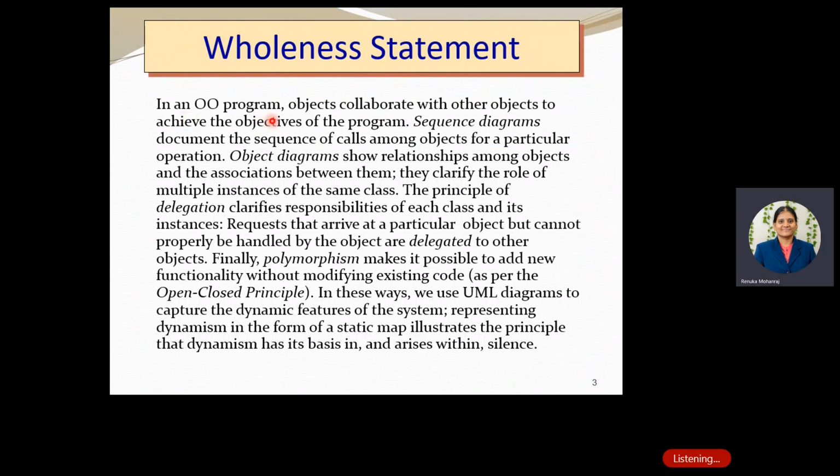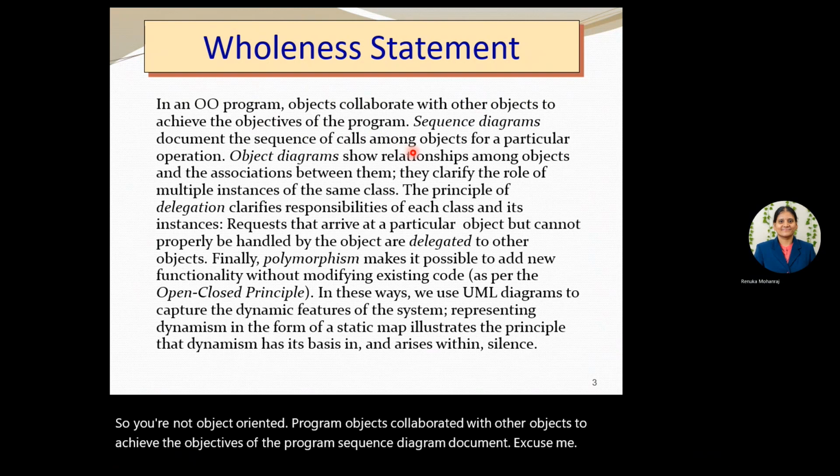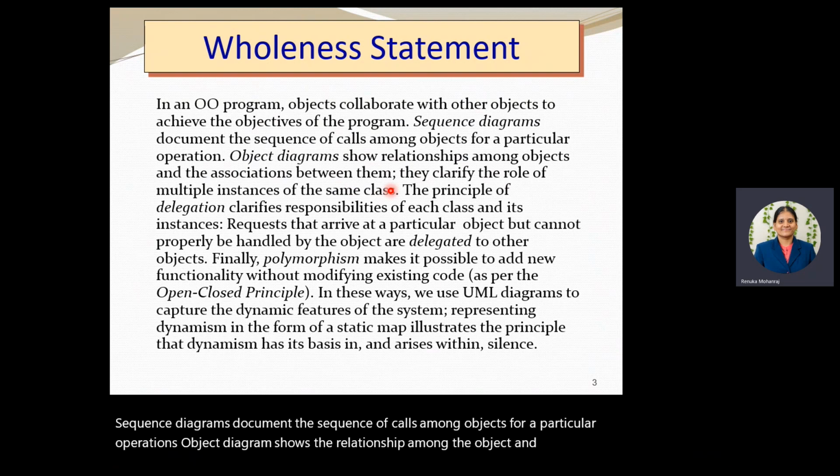In an object-oriented program, objects collaborate with other objects to achieve the objectives of the program. Sequence diagrams document the sequence of calls among objects for a particular operation. Object diagrams show the relationship among the objects and the associations between them.